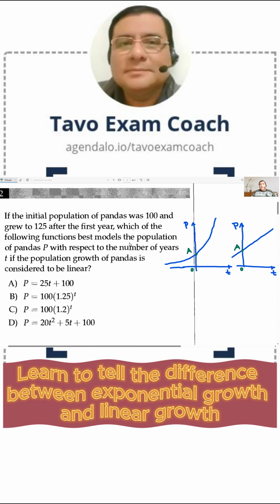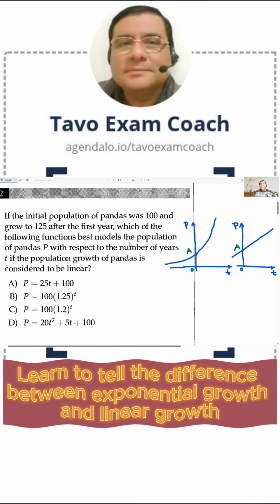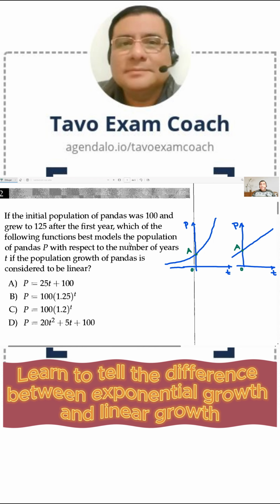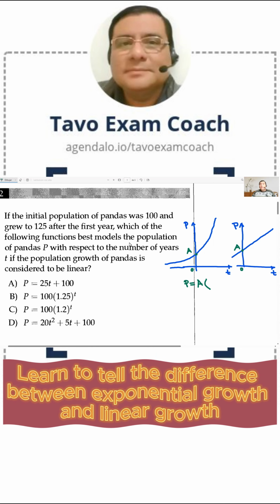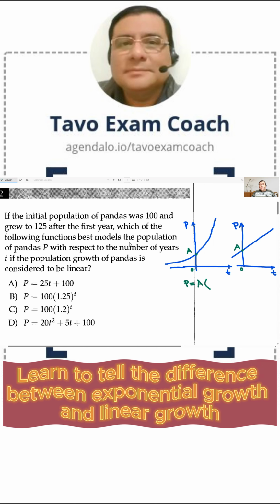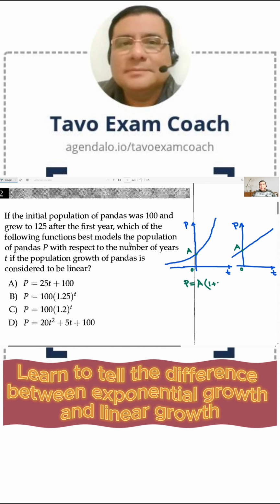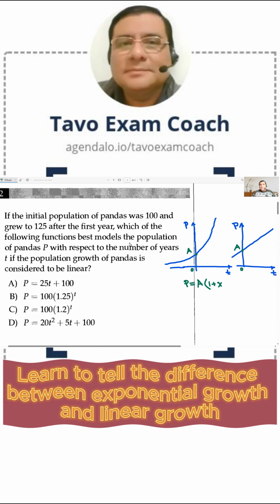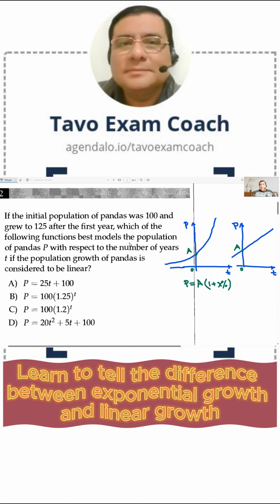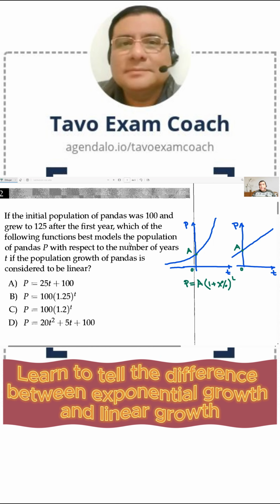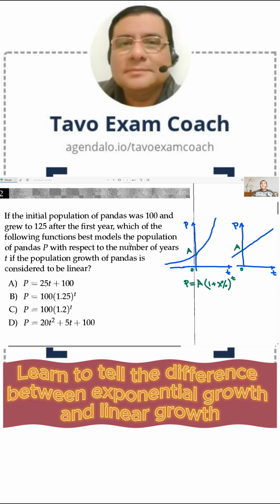What about the description of this curve as a function? We can express that P equals A multiplied by a growth factor, which is 1 plus a percent we can call X. This is a fixed percent each period of time, and this factor needs to be raised to the power of T, where T represents the number of years passed.